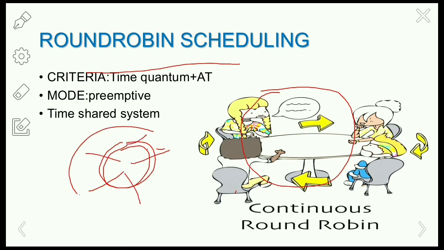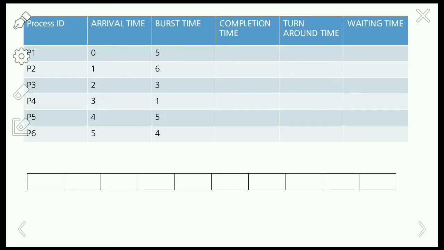Every person will get a chance to speak about their views on a particular topic. Each person is allowed to speak for 2 minutes. So let us consider a problem for understanding this algorithm.